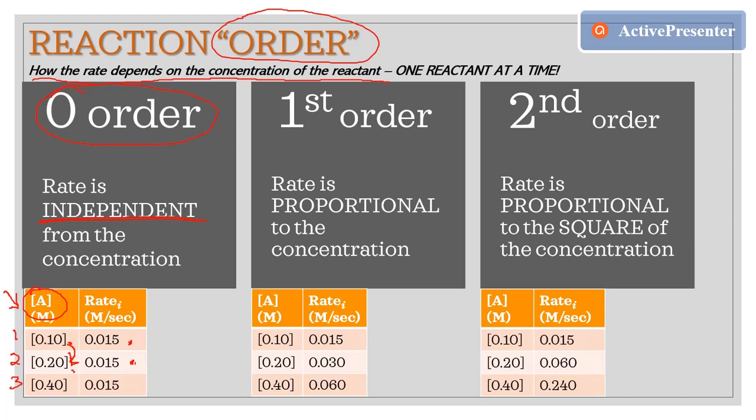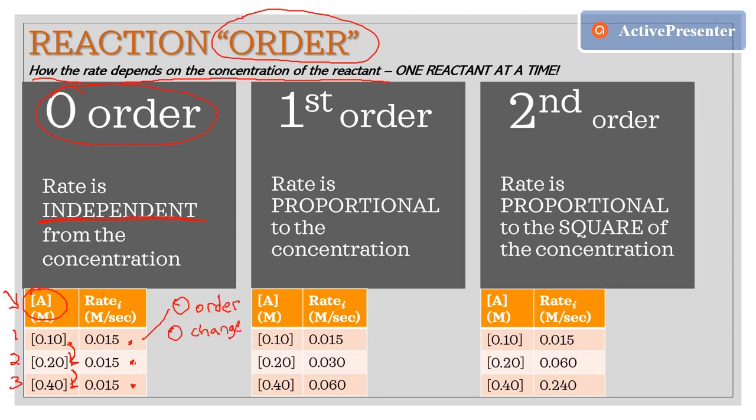And then we double this again from experiment 2 to experiment 3. We go 0.20 to 0.40. That's doubling it, but the initial rate stays the same. So if the rate stays the same no matter how much you increase the concentration, this is called zero order because the initial rate has zero change.